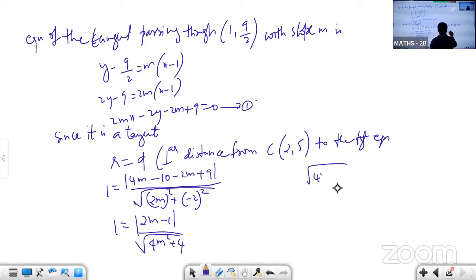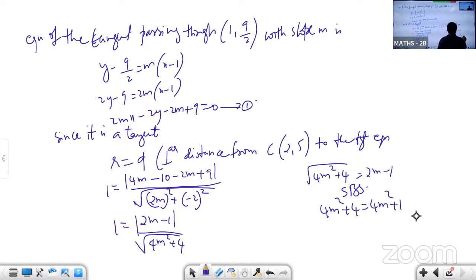So under root of (4m square plus 4) equal to 2m minus 1. Squaring on both sides: 4m square plus 4 equal to 4m square plus 1 minus 4m. Usually, okay, that is 4m square plus 4m, you bring it to this side, and 4m square minus 3.